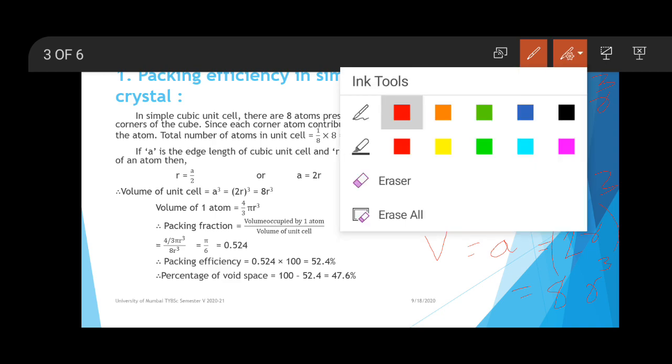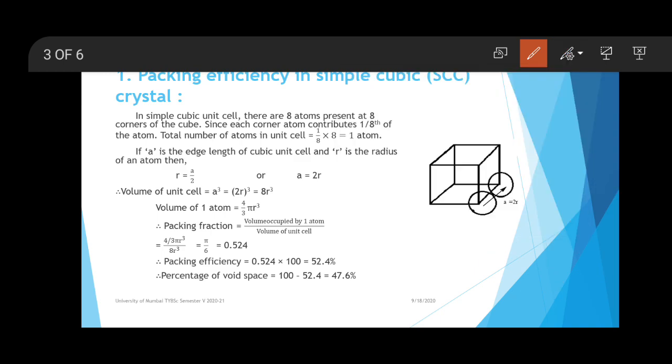Now if you have the volume of one atom and the volume of the whole unit cell, then packing efficiency is very easily calculated.